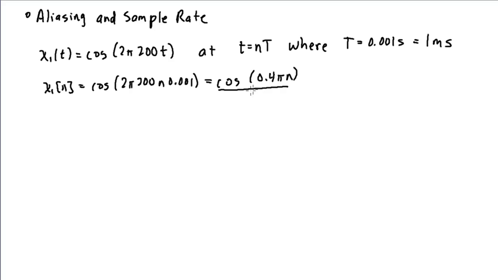Now let's take a look at sampling a second signal, x2 of t, cosine of 2 pi 1200 t. If I looked at both these signals on an oscilloscope in the continuous time domain, it would be easy to distinguish between the signal at a frequency of 200 hertz and the higher frequency signal at 1200 hertz.